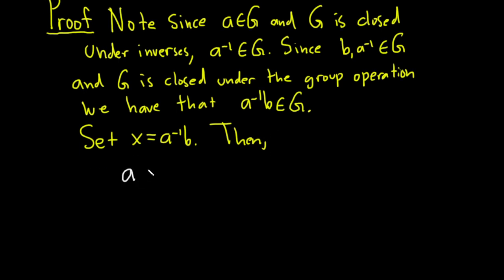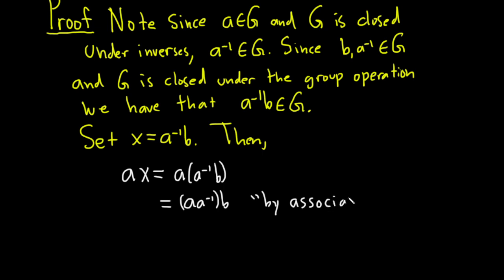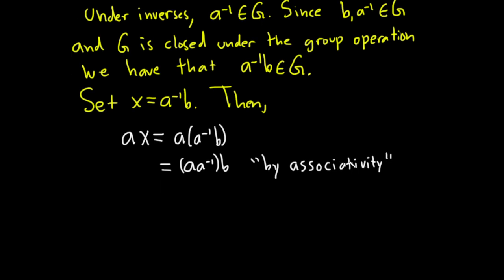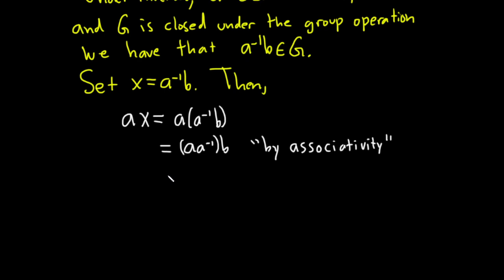So we have AX, but that's equal to A times A inverse B. But this is equal to A A inverse, then B, and this is because of associativity. That's because multiplication in a group is associative. And then this is equal to E B.